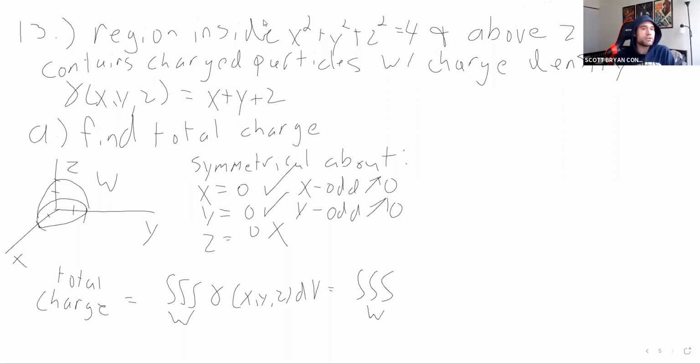Before we find bounds and do any of that, because you're not going to be able to see the x-odd, y-odd, or z-odd terms after you switch coordinate systems. So do that before. So we're integrating x plus y plus z over this guy with respect to volume. So what are we left with when we kill off the x-odd and the y-odd terms? Right, so x is x-odd, that integrates to 0, that's gone. Y is y-odd, that integrates to 0, that's gone. Z is z-odd, but we can't say anything about just z-odd terms. So we're left with z.